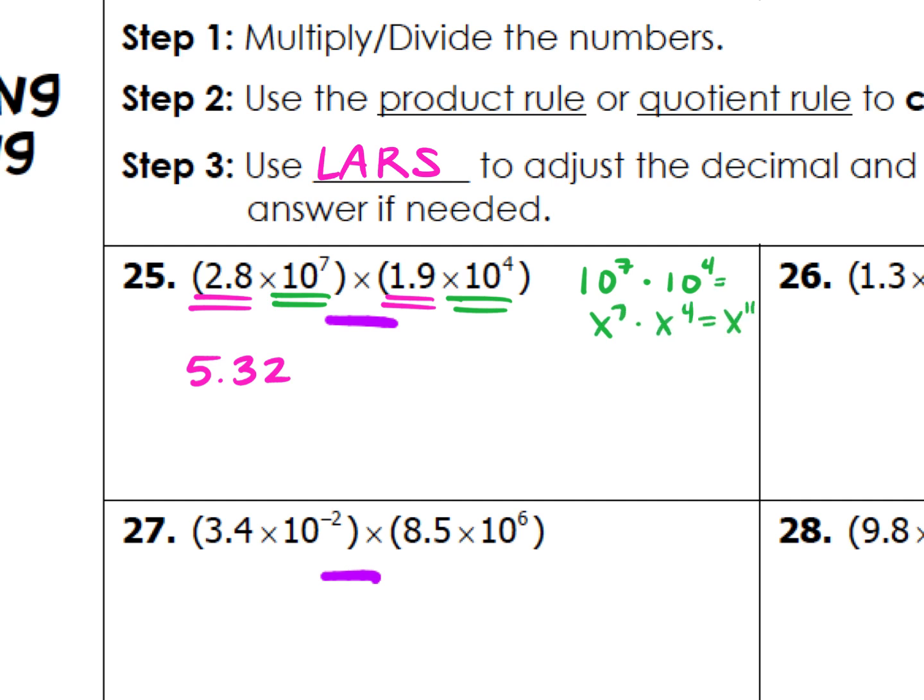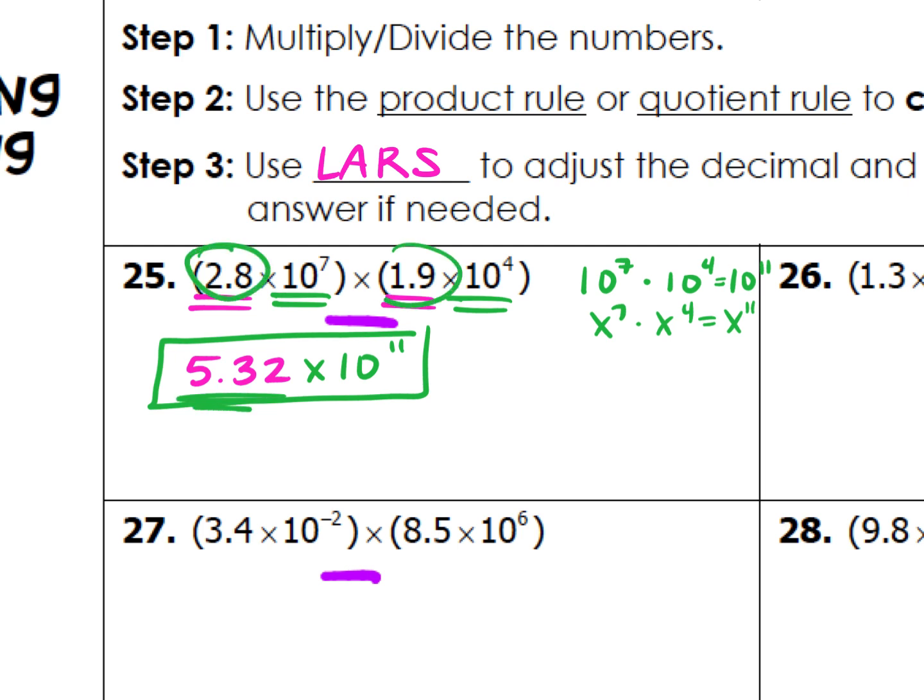Well, now the only difference is we have a 10, but it's still the same thing. You do 10 to the 11th. So this is 5.32 times 10 to the 11th power. Okay, so multiply the numbers out in front, add the exponents that are the power of your 10.